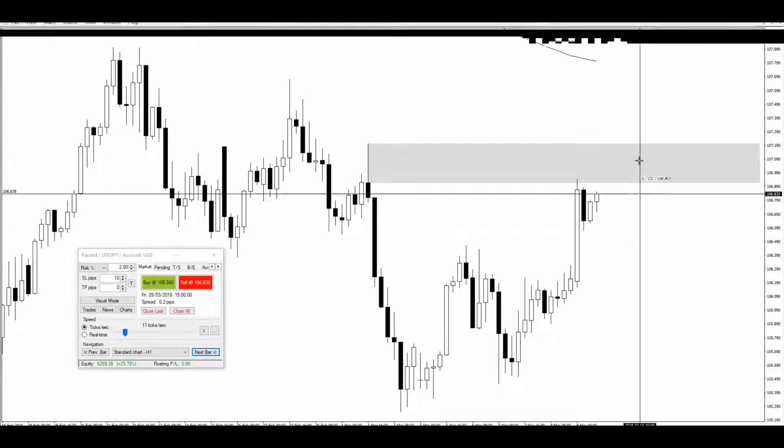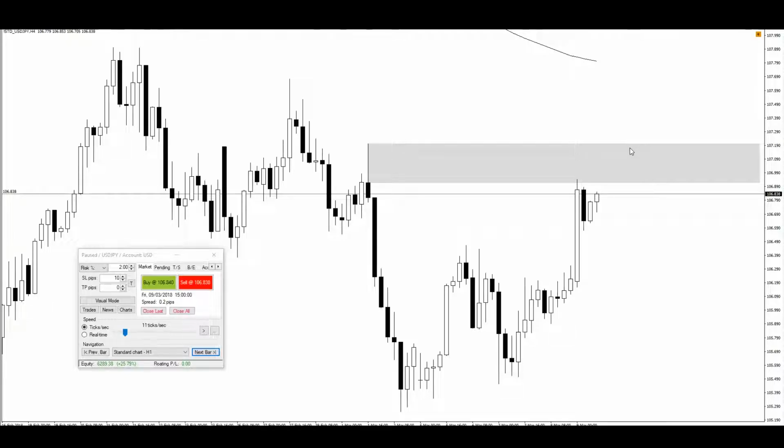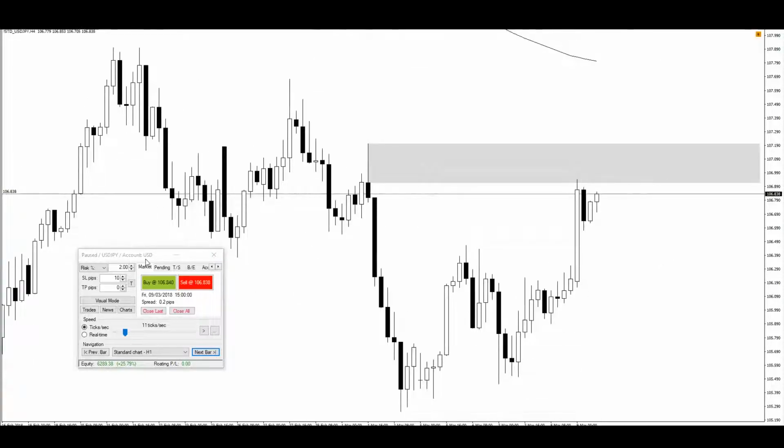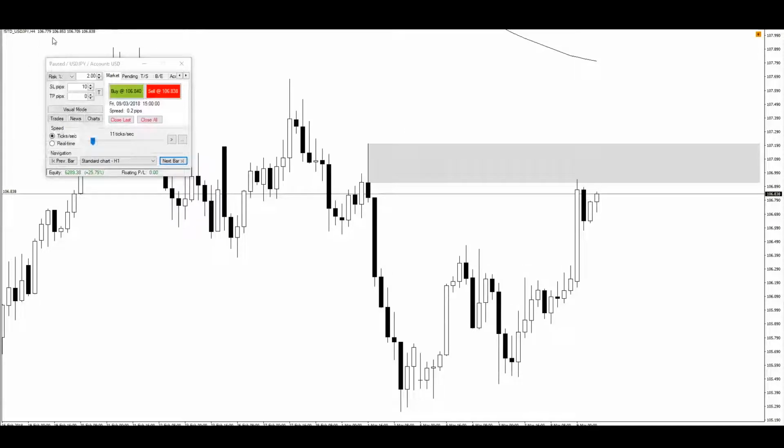How far is that? That is 35 pips away. That's a lot of pips away. So now we're going to see where price can come down to. Because if price comes down, maybe it's going to come down till this area right over here. Let's do this.